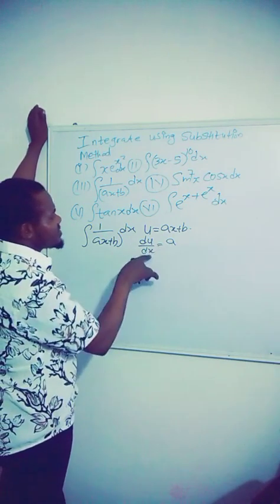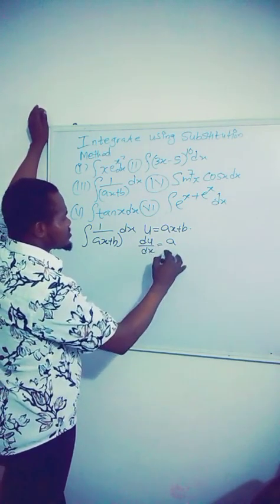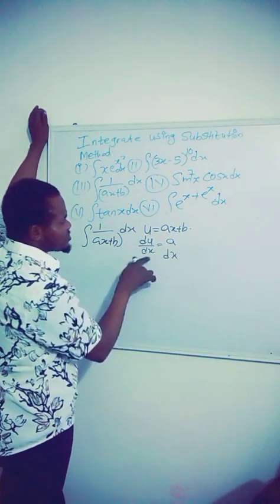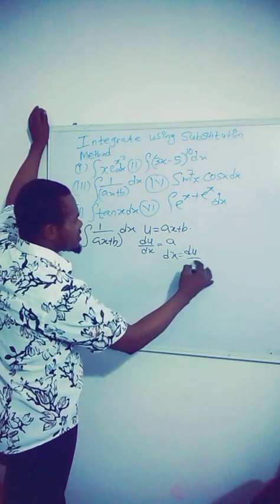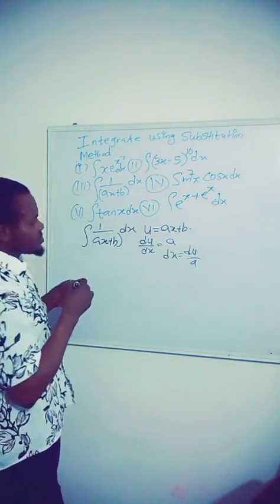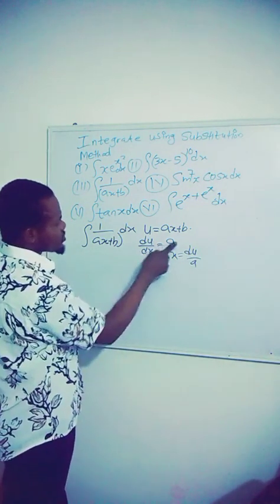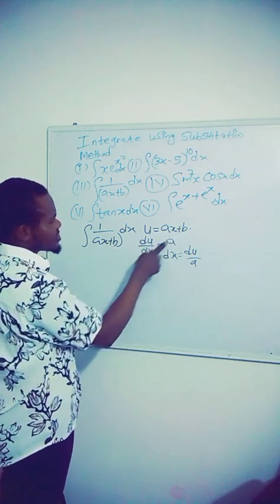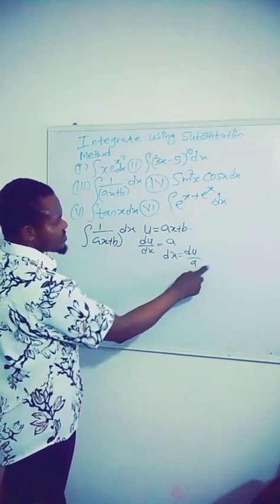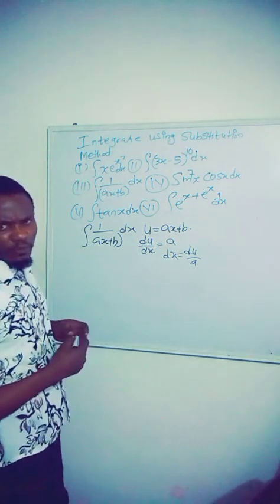By the time you make dx the subject of formula, you have du over a. When you cross multiply, this will be a dx, making dx the subject of formula, divided by a. So I hope that is clear.